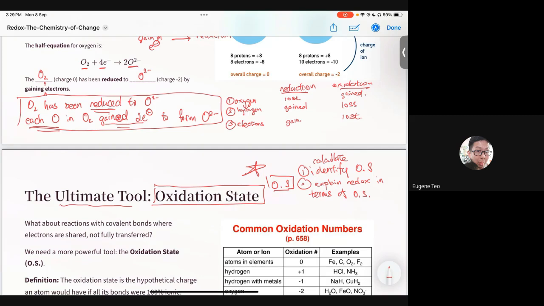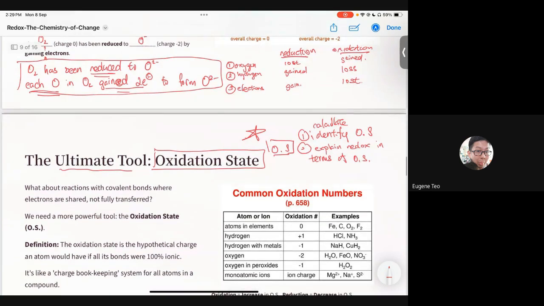Almost like 80 to 90% of the questions always ask about oxidation state for redox. The rest, in terms of oxygen, hydrogen, electrons, make up about maybe the 10-20% of your other questions. So being able to do oxidation state will actually be key here. That's why I put a star.